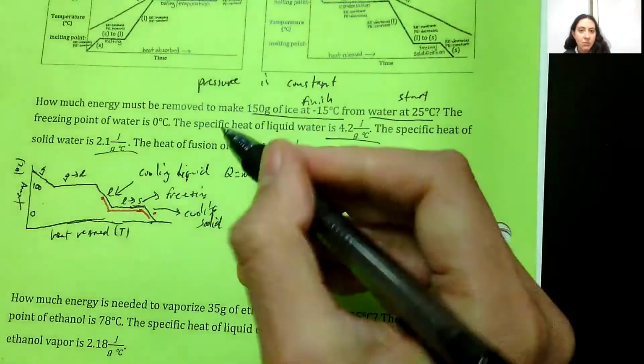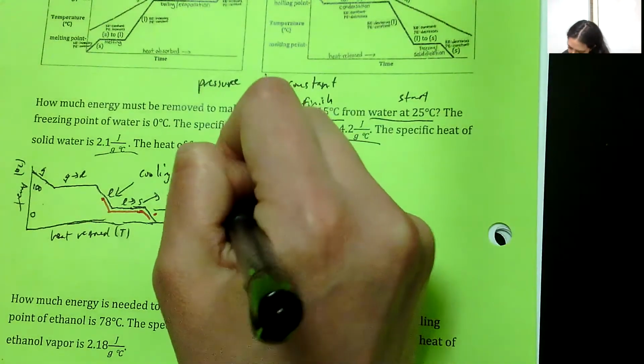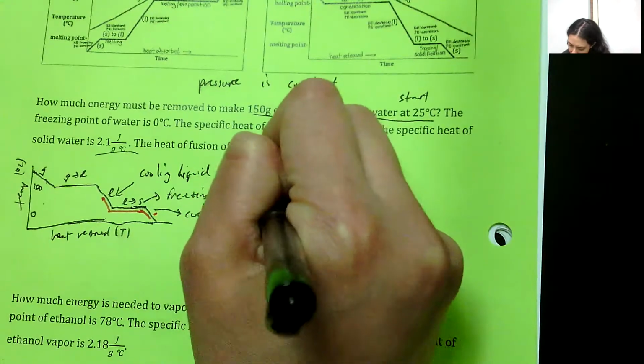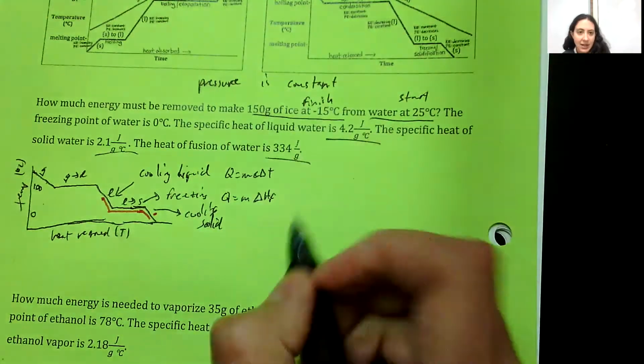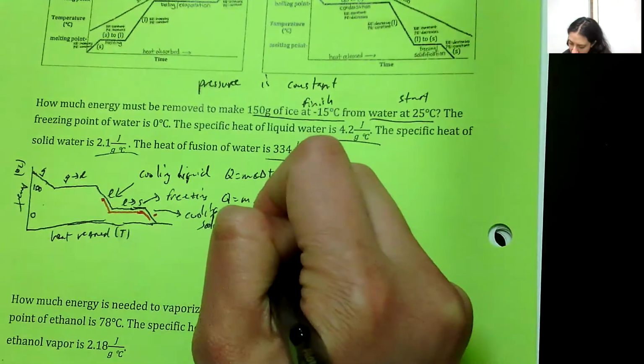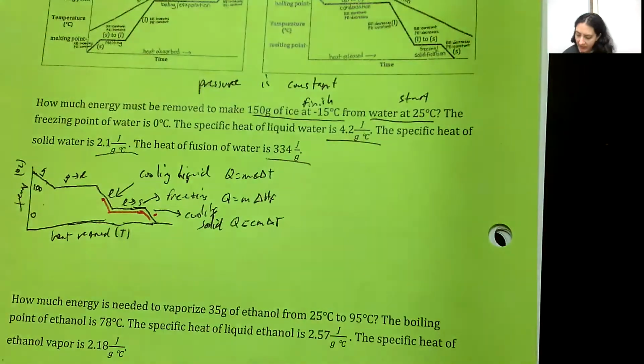The freezing, we're going to be using the heat of fusion, no temperature change, but heat of fusion. And then finally, cooling the solid, we're going to go right back and use the specific heat formula again. So 3 different formulas, 3 different problems. Let's solve for each one.